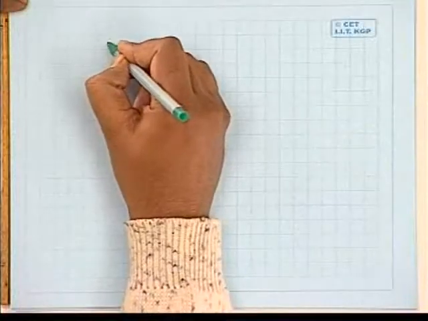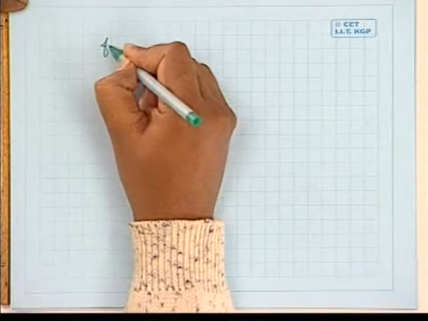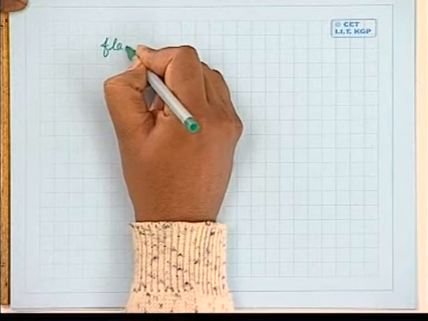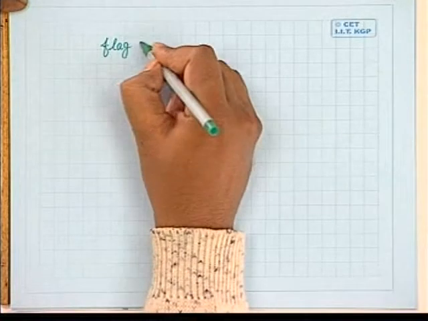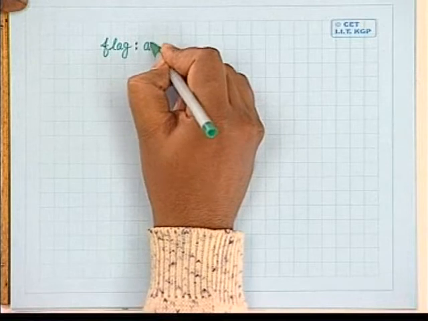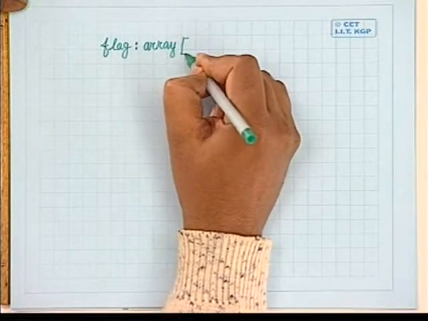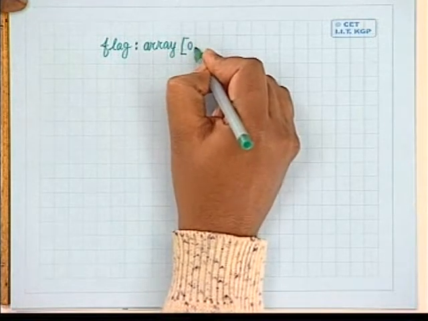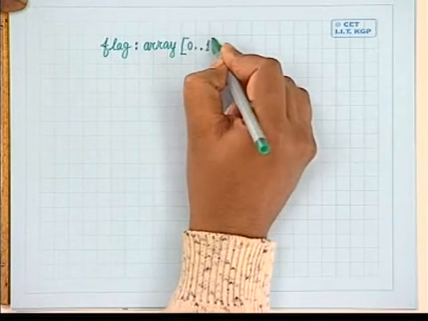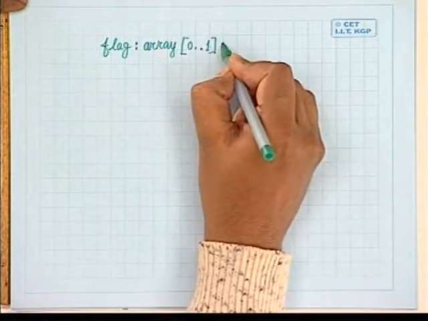Instead of using only one variable turn, let us assume that we have an array called flag, which is an array because we are considering only two processes. So let us have this flag as a two-element array of type Boolean.